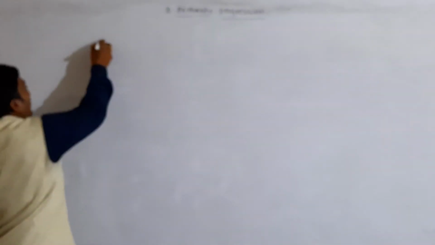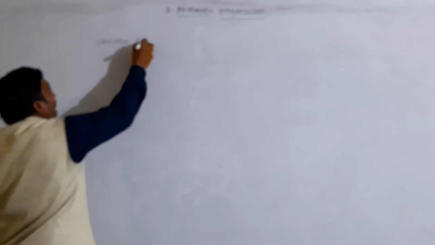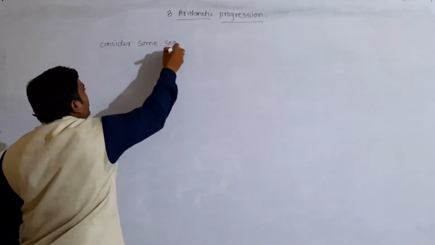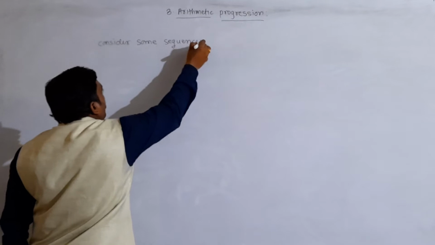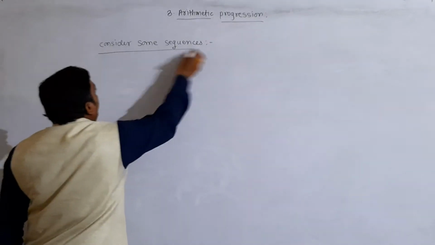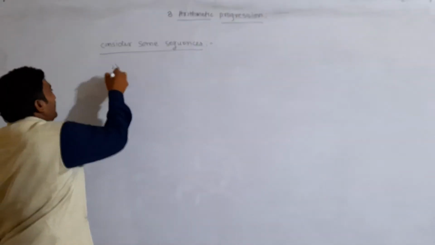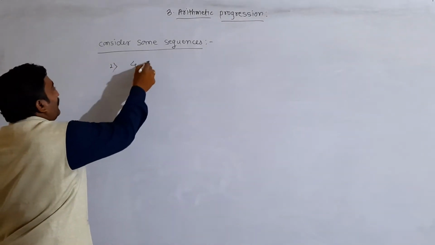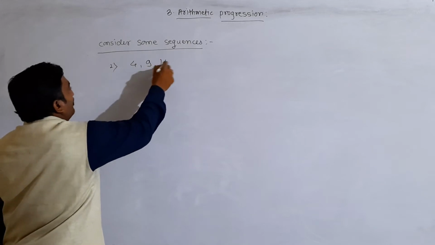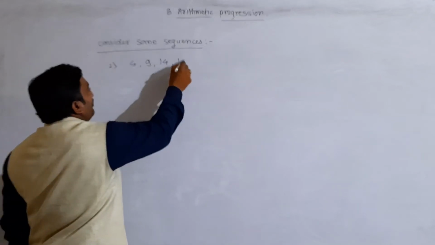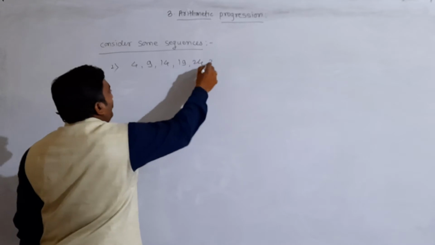So consider some sequences, and then we have to decide which sequences are called arithmetic progression. The first sequence is 4, 9, 14, 19, 24, 29.